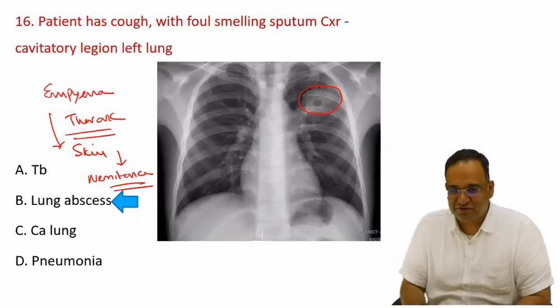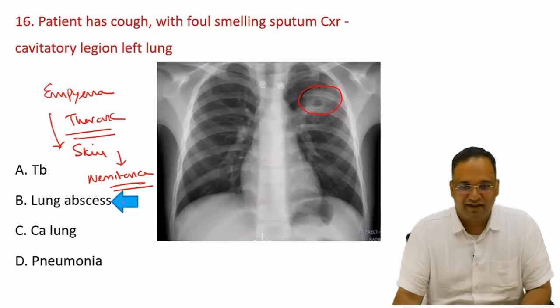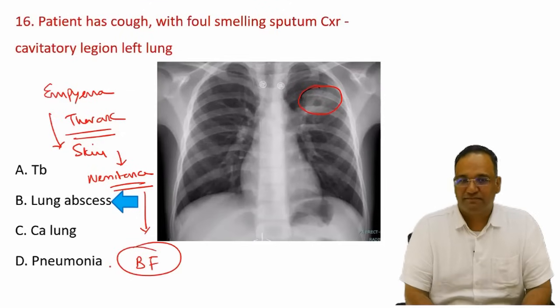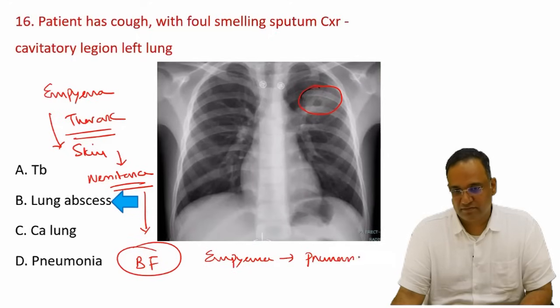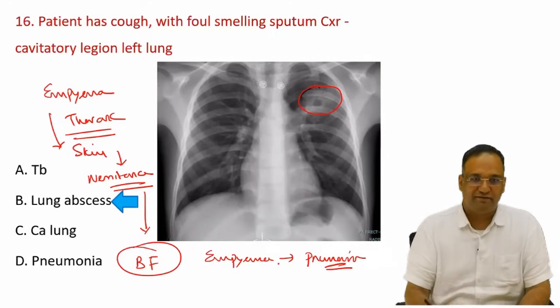And then it eventually becomes a bronchopleural fistula. Empyema necessitans, bronchopleural fistula. The most common cause of empyema is pneumonia. Okay, very clear.